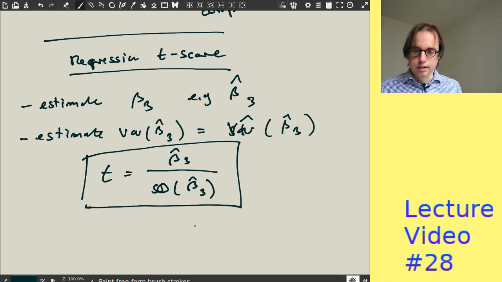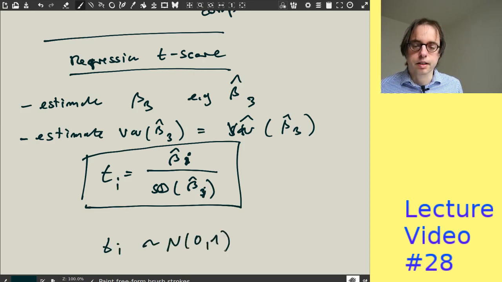And this regression t-score is also listed in the R output. So let's call this not 3 but i. So this is for Ti. So we know that Ti is roughly asymptotically normal distributed because it's basically a Wald type statistic.